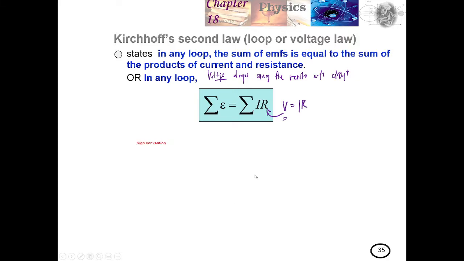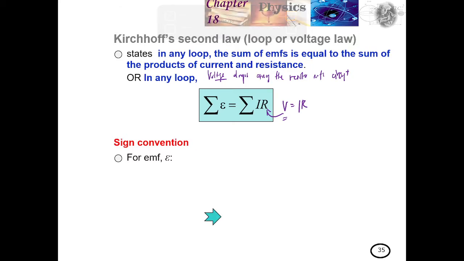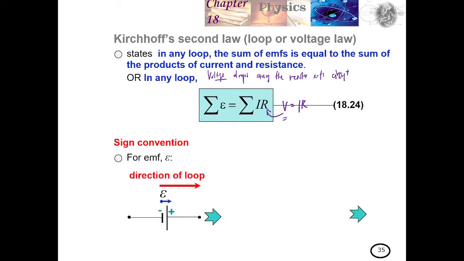We also have a sign convention for EMF. You have a direction of the loop, and you have a sign. If the current is flowing in the same way as the direction of the loop, the sign will be one way, otherwise negative. The direction of the loop depends on the current moving.